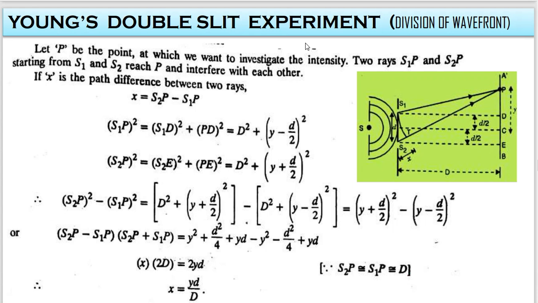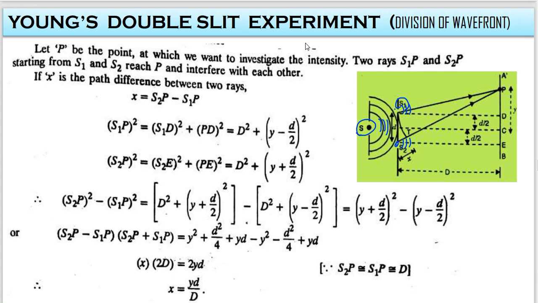Okay, look at the figure. There is a source S. This is the source of light S. It propagates light with spherical wavefronts. S1 is a slit and S2 is another slit. At the slits the wavefront is divided: light passes from S1 like this in this wavefront, and from S2 light passes like this in this wavefront.